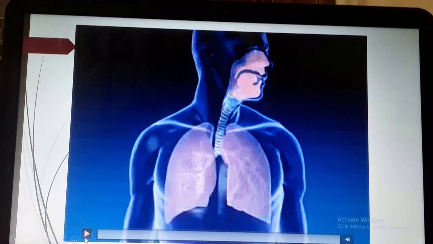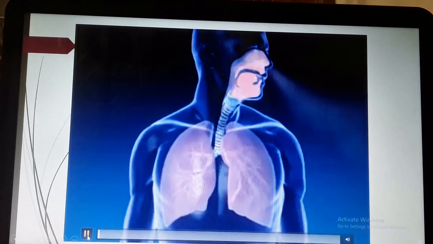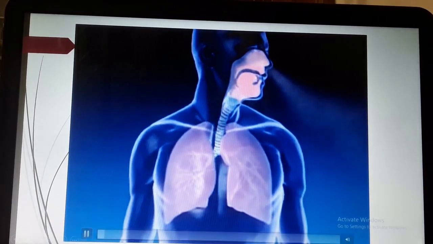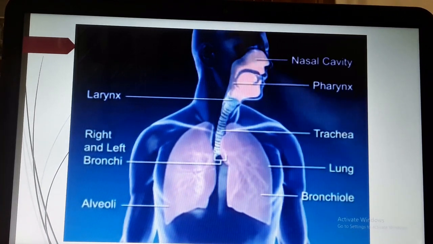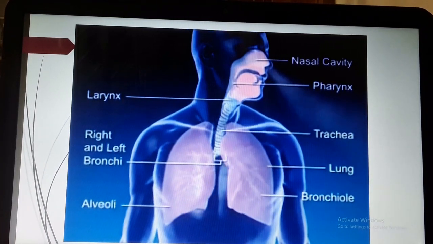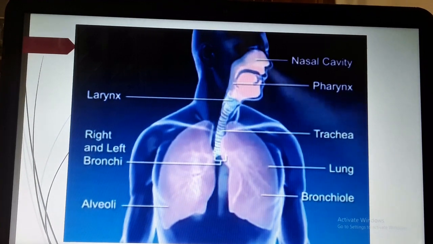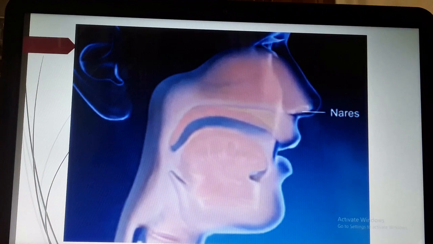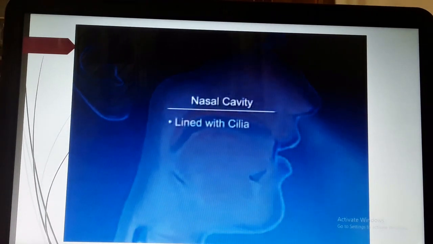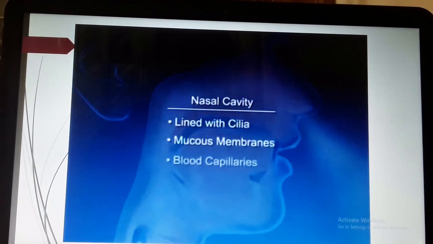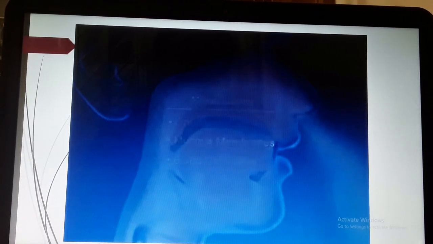Okay. Now see. Lungs are expanded. Already we know these structures, how we are inhaling, you can see, and exhaling. Lungs are swollen, it's taking the air. These are the external nares, air passage. Here in nasal cavity, we have cilia, mucous membrane and blood capillaries.